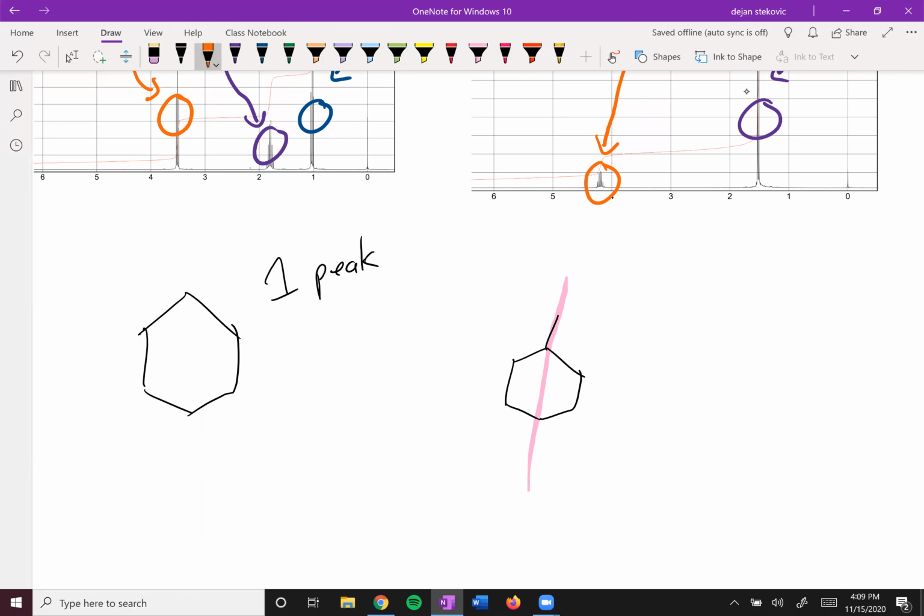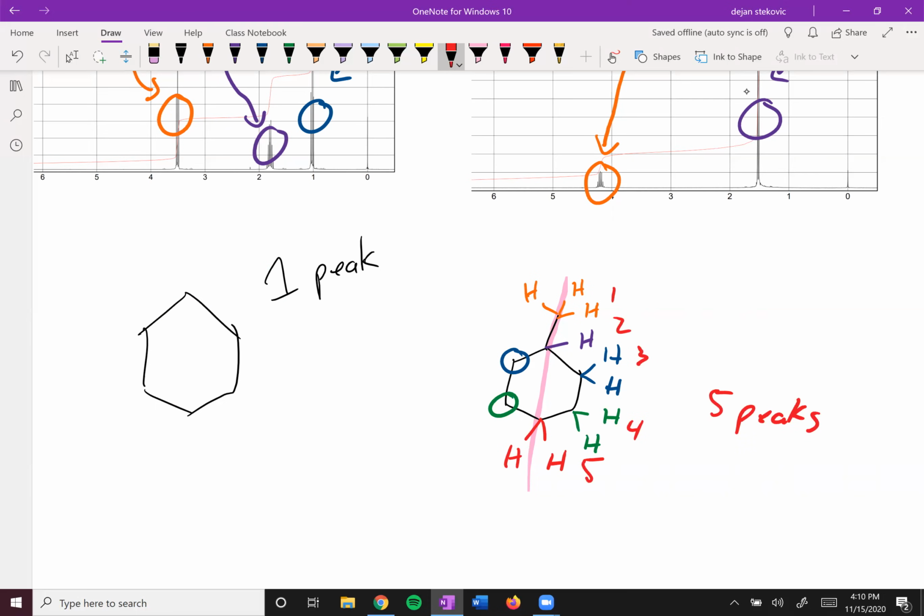And so the hydrogens on this methyl would be different than any other hydrogen. These two hydrogens would be different and they'd be equivalent to the hydrogens on the left side. And then finally, we'd have these two hydrogens down here. So if you count that, that's 1, 2, 3, 4, 5 peaks that we would expect to see on our proton NMR spectra.